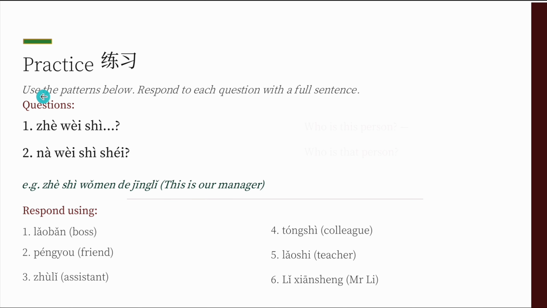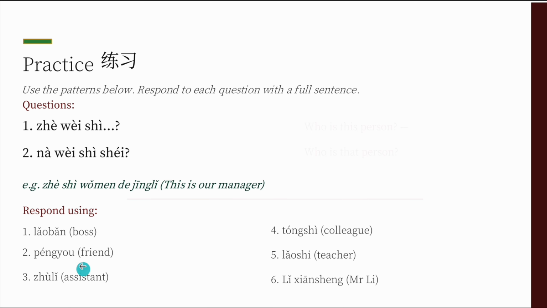Let us practice. Use the patterns below that we just learned and respond to each question with a full sentence. 这位是. You tell me, 这是我们的经理。So after this, you replace it with each and every word of these.